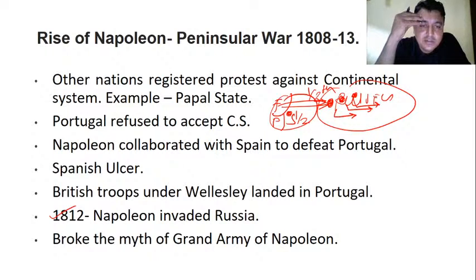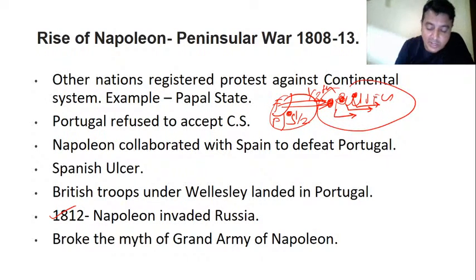You know that Russia is very famous for its chilling winter, and France does not have that much experience of winter. Russian winter is so harsh that the Napoleonic army died because of winter. They died without fighting a single battle, because right now they reached here in the middle. They cannot go back, because if they go back they are going to die.